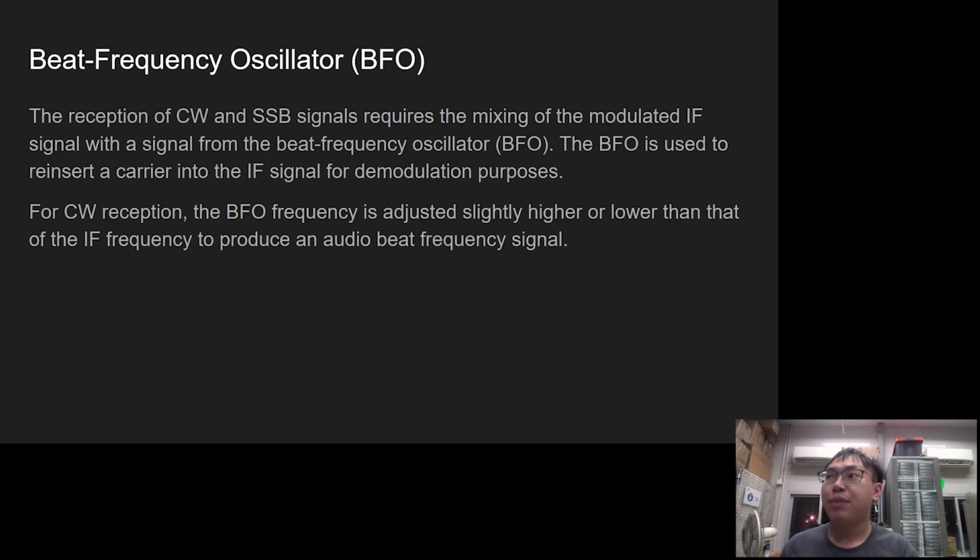Actually for BFO, I really don't want to put it here. Just before I took my exam, I didn't know what BFO serves before I prepared this video. I found that BFO, beat frequency oscillator, helps CW and SSB to recreate the carrier wave. The superheterodyne receivers cannot demodulate CW and SSB properly without the carrier wave, and the AM detector cannot work without the carrier.